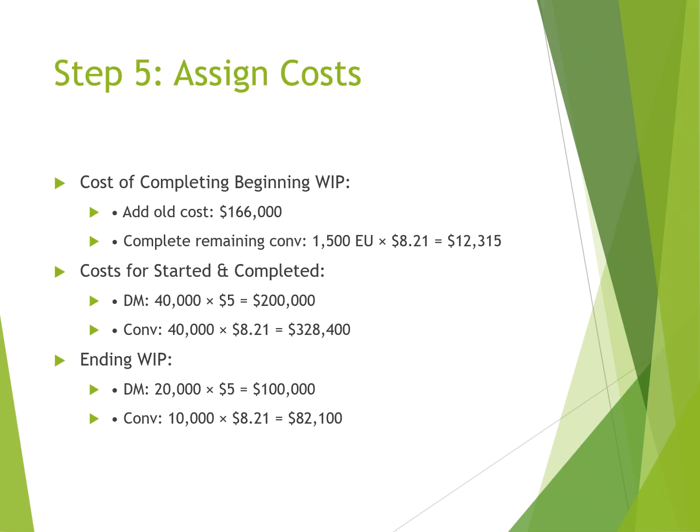Materials cost 20,000 times $5 equals 100,000. Conversion cost 10,000 EU times $8.21 equals 82,100. And that completes our FIFO cost assignment.